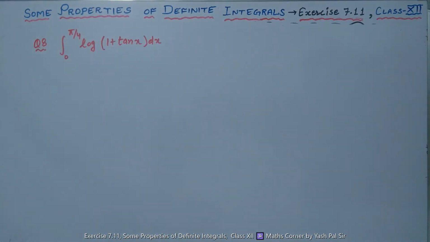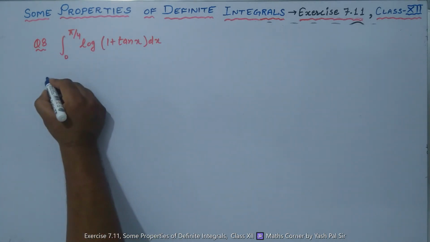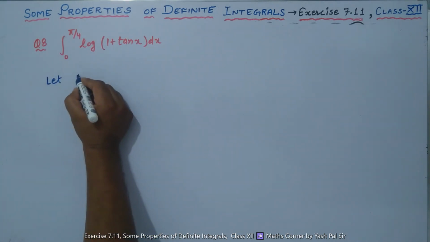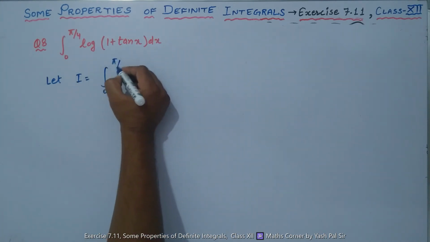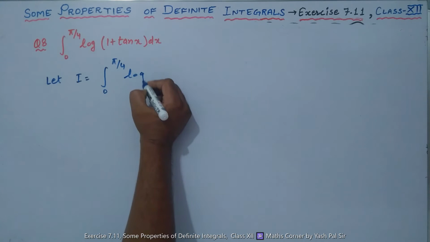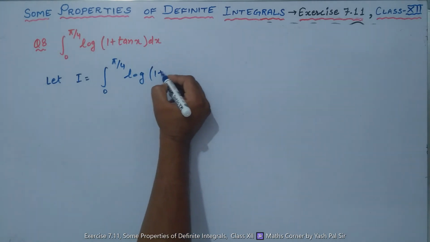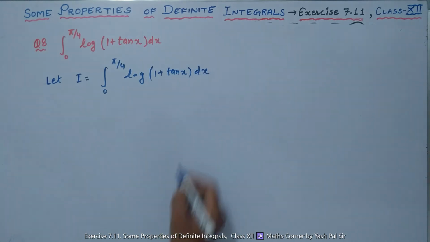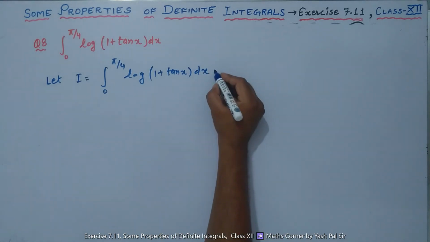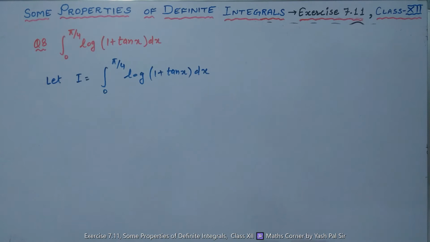Now coming to question number 8. Let I be equal to the integral from 0 to pi by 4 of log of 1 plus tangent of x into dx. So again here we apply the same property.